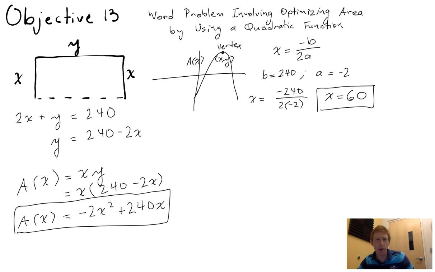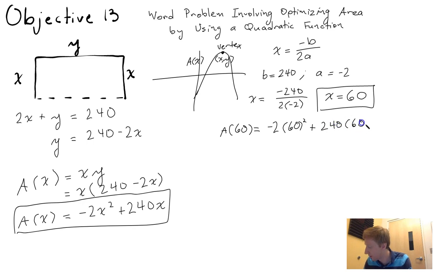So this is the x value that maximizes the area. Now substitute this value of x into the function to solve for the maximum y value, or area value. We have A of 60 is equal to negative 2 times 60 squared plus 240 times 60.